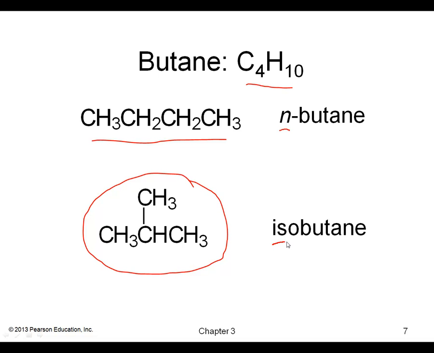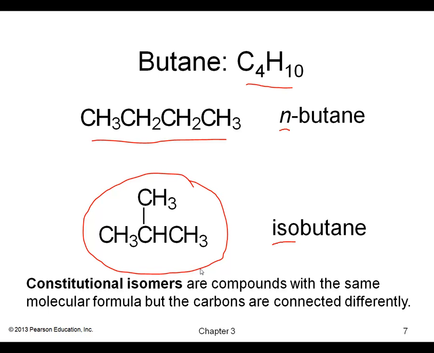So we could call this isobutane, the isomer of butane. We'll see a better way to name this a little bit later. Okay, but these two are what are called constitutional or structural isomers, compounds with the same molecular formula, but the carbons are connected to other carbons differently.